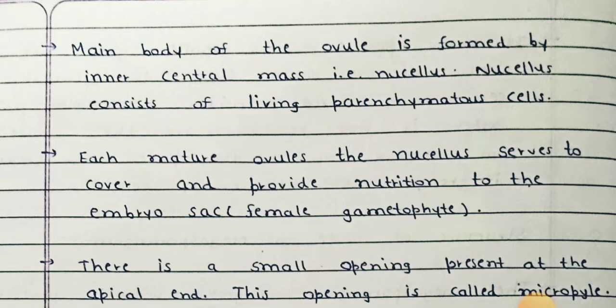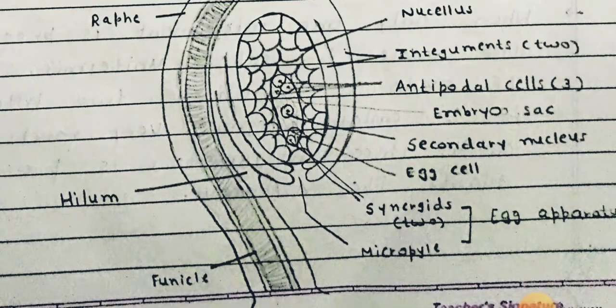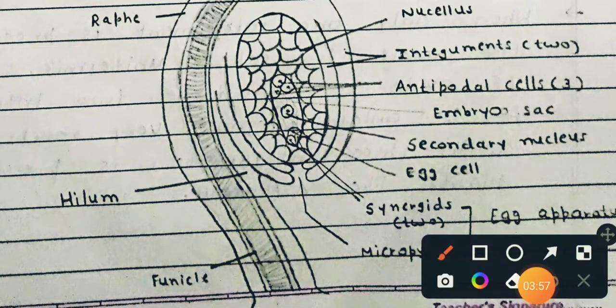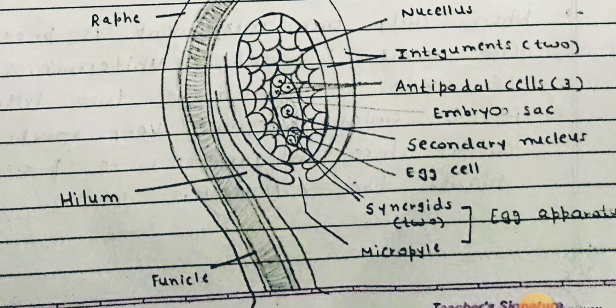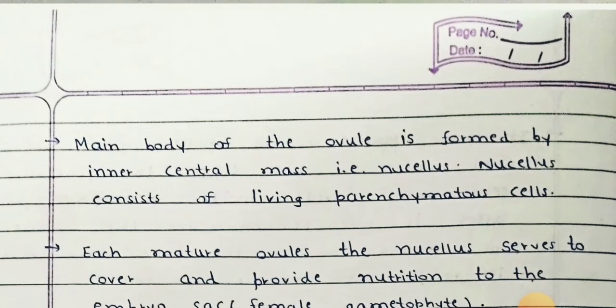So, nucellus serves to cover and provide nutrition to the embryo sac. It provides protection and nutrition to the embryo sac. What is embryo sac? Embryo sac is the innermost part present in the ovule where the double fertilization process occurs.